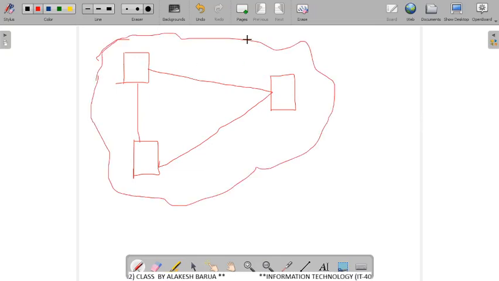If that area is a building, then the computers connected inside that building are said to be in a LAN. If that area is a campus, let's say a school campus or a university campus, then all the computers connected inside that campus are said to be in a LAN. That network is known as a campus area network, but still this is known as a LAN.